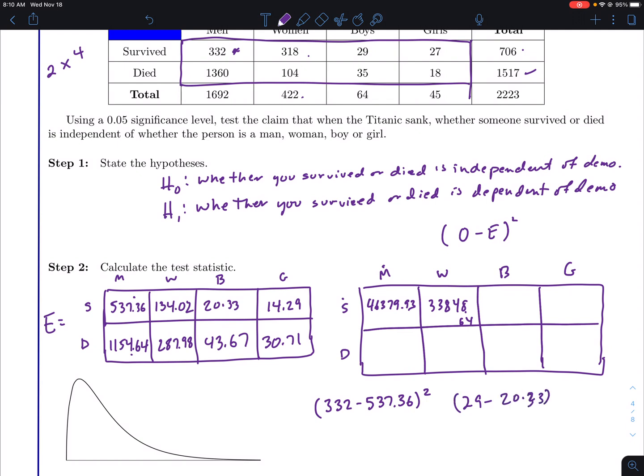So 29 minus 20.33 squared. So we get 75.17. And then the girls, we get 27 minus 14.29, that whole thing squared.